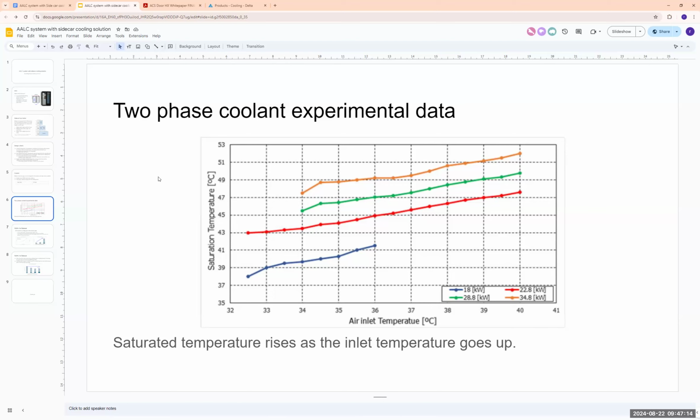This is one specific two-phase sidecar, I think. Yes, because this is showing only the approach between the condensing temperature of the two-phase refrigerant and the air temperature. There's nothing more. There's a condenser. You are saying in there how much power the heat exchanger has.